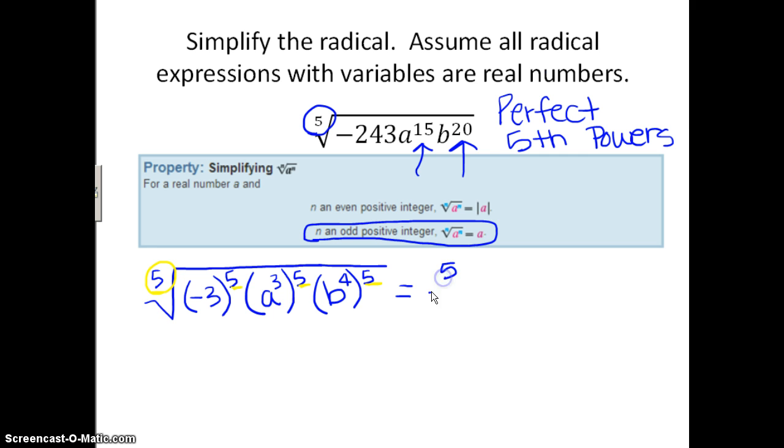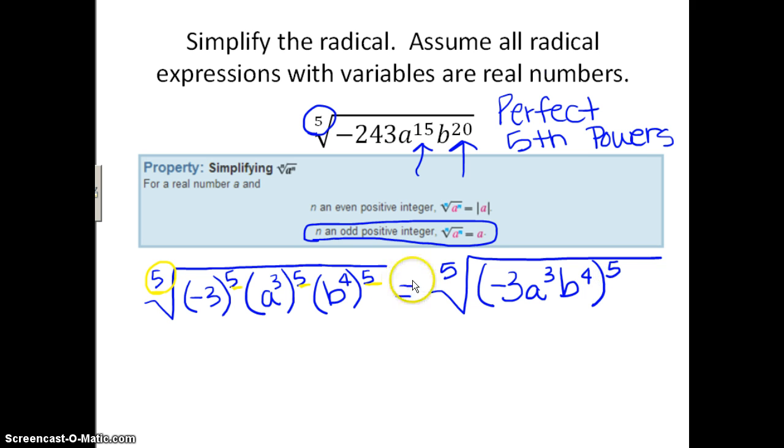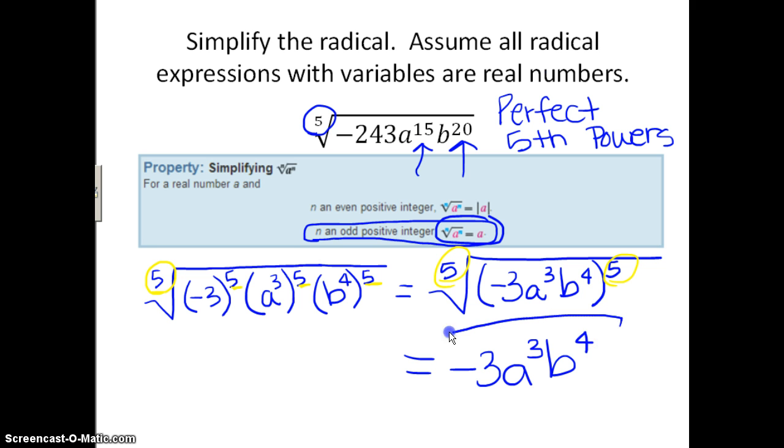We have the 5th root of negative 3a cubed b to the 4th, all being raised to the 5th power. Since our index matches our power, and we follow this rule right here, our answer is negative 3a cubed b to the 4th, with no need for absolute value signs, because we have an odd index.